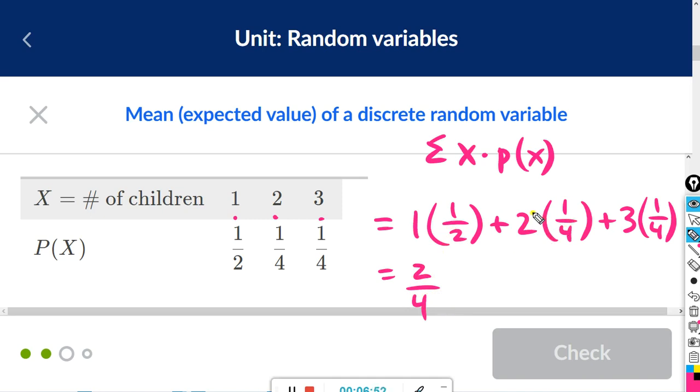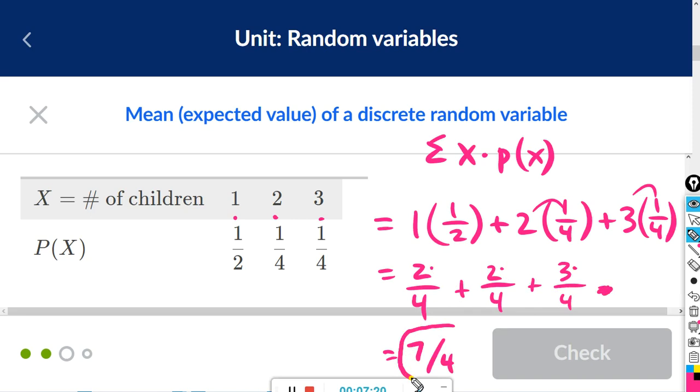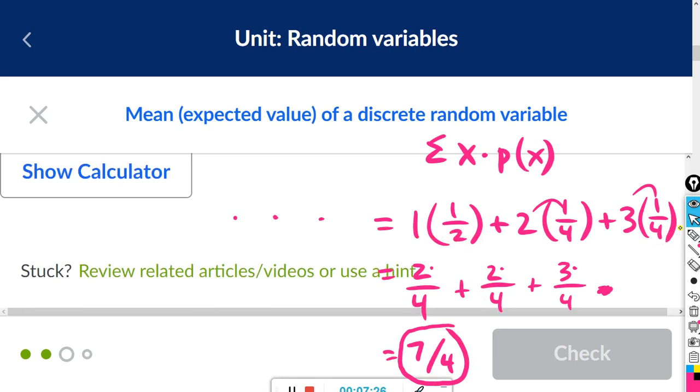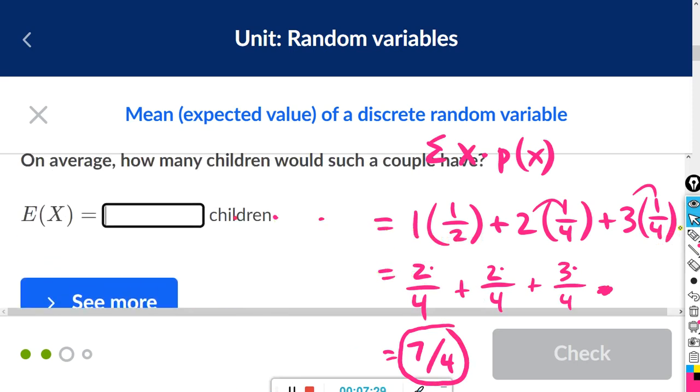Over here we have 2 times 1/4, which is 2/4. And here 3 times a 4th is 3/4. With the common denominator, 2 plus 2 is 4, plus 3 is 7, and the denominator is a 4. So it's just 7/4. Click inside the box. They'll take the answer like that as far as I know. 7/4.